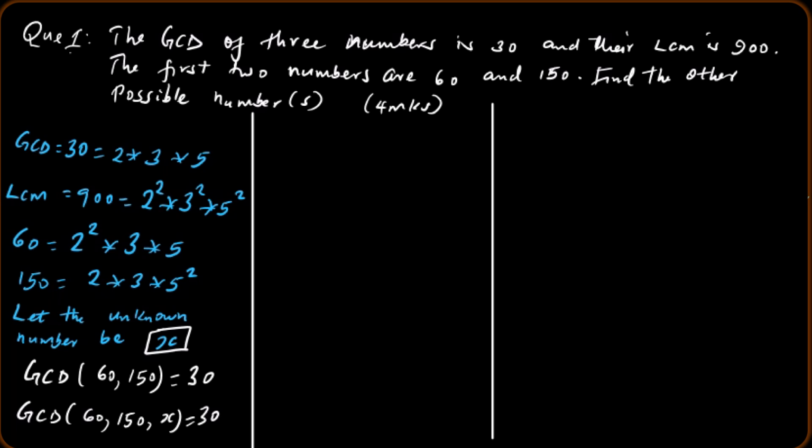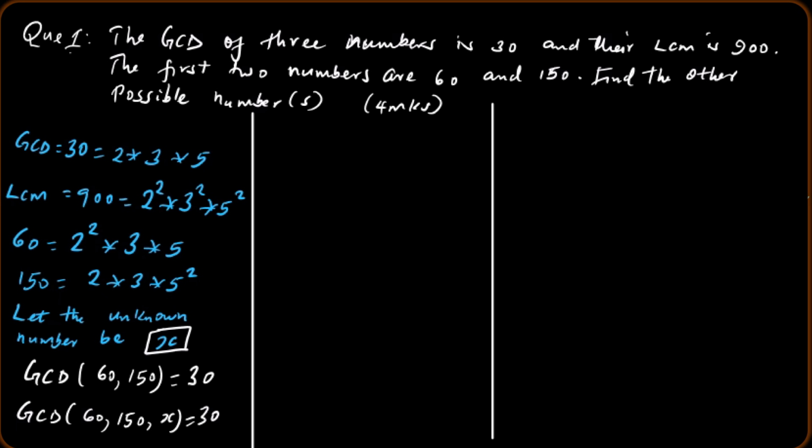So looking at it like this, we can clearly see that x does not impact the GCD. Whether we have two numbers or three numbers, x does not impact.